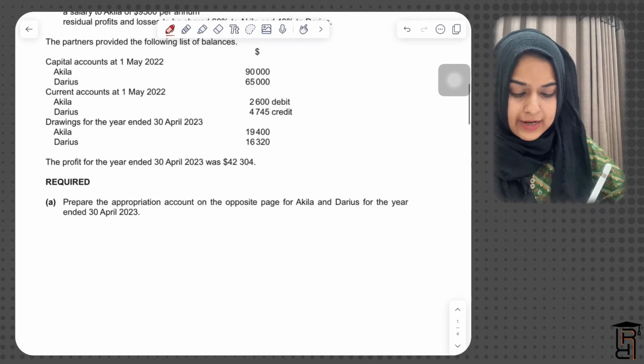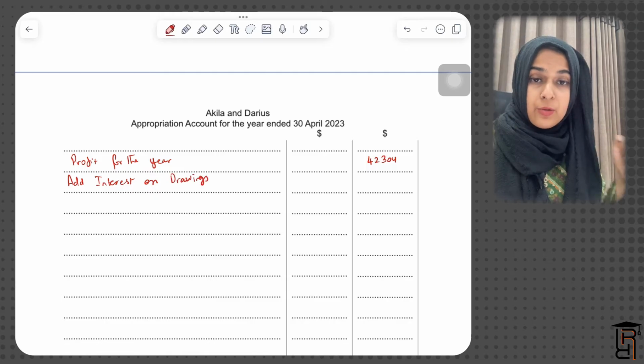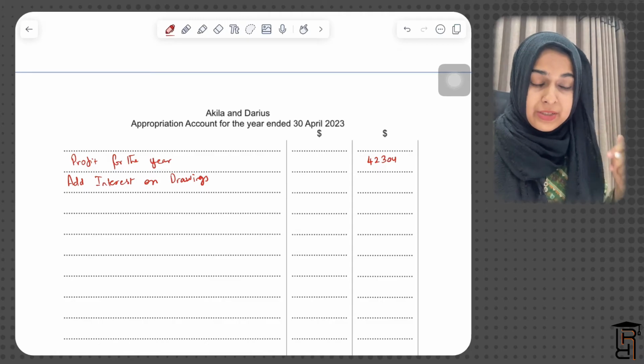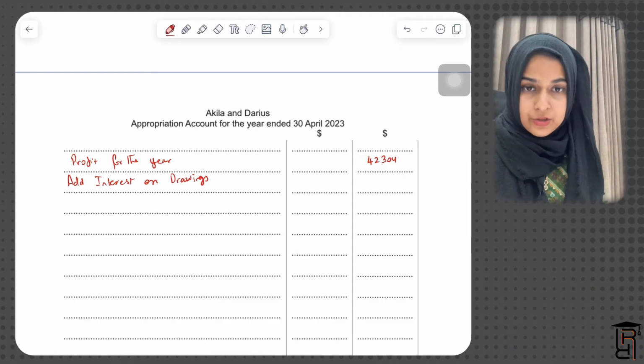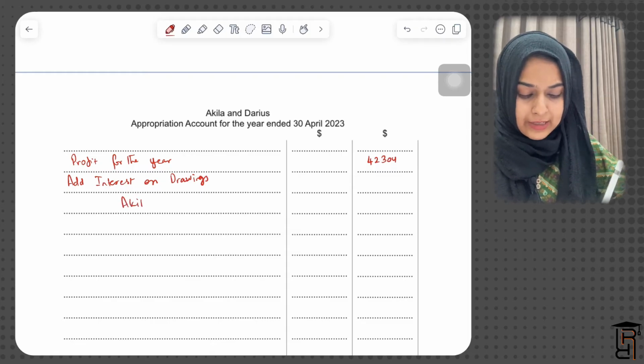Then you'll write add interest on drawings. Firstly, you charge interest on partners' drawings. This is basically to discourage partners from withdrawing money from the partnership business, and that is why we charge interest on their drawings. For Akila, I'll have to calculate it.